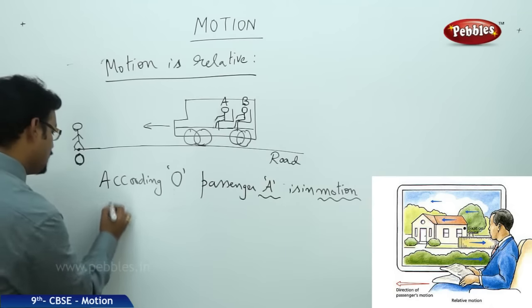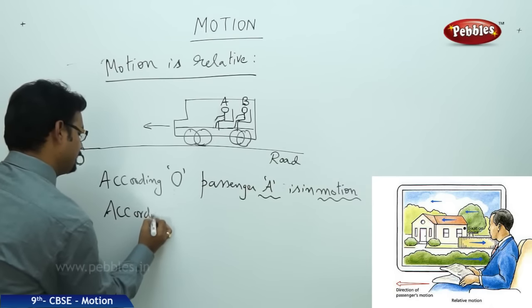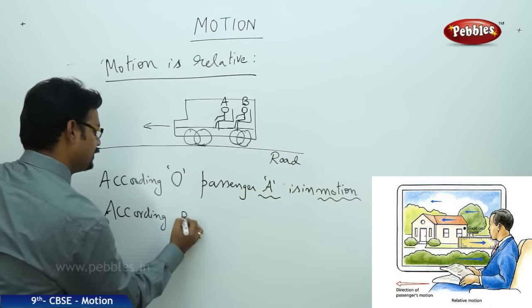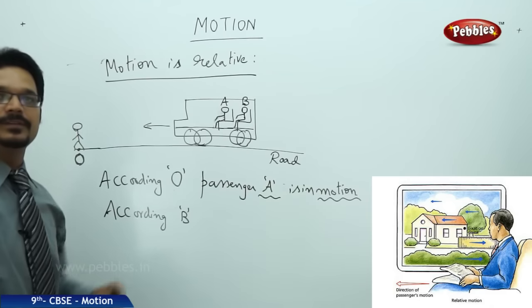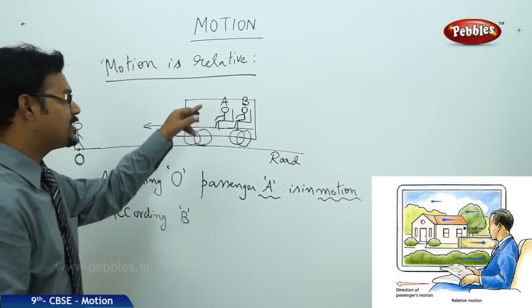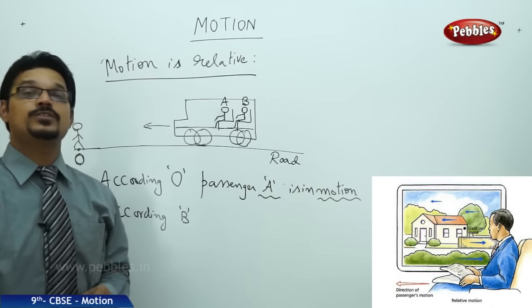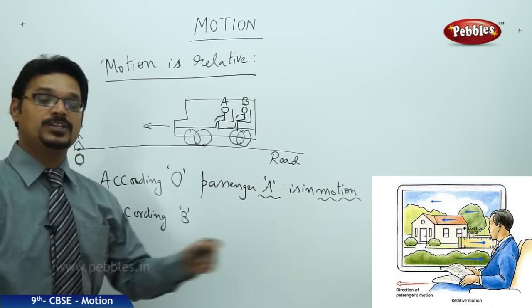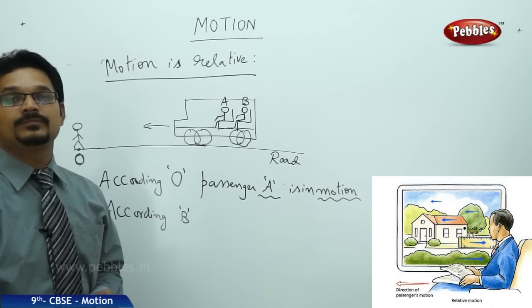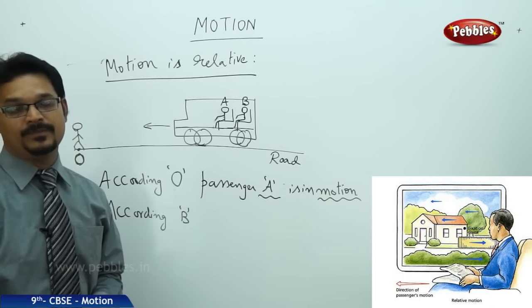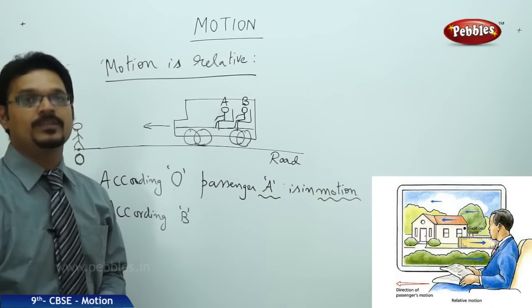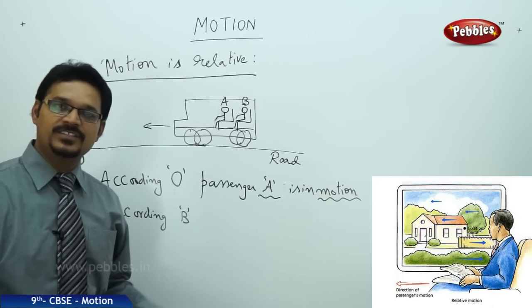Now, according to B, what is the state of passenger A? Just think when you are traveling in your school bus, sitting next to your friend. What is the state of your friend who is sitting next to you? Yes, you are correct. Rest state.